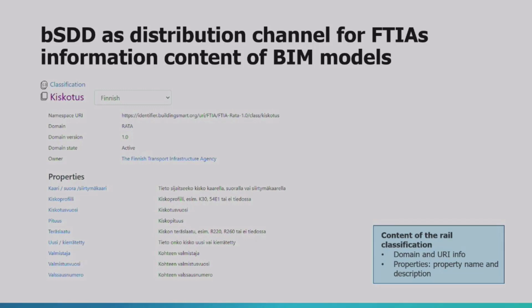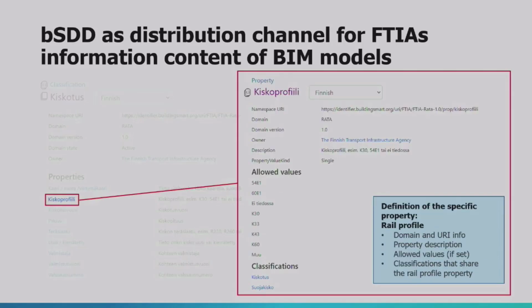And from the listing you can see the domain information and URI that are used for the API linkage. You can also see the properties and the property name and description. In this picture, we focus on one property that is rail profile, again in Finnish, one of the properties of the rail.